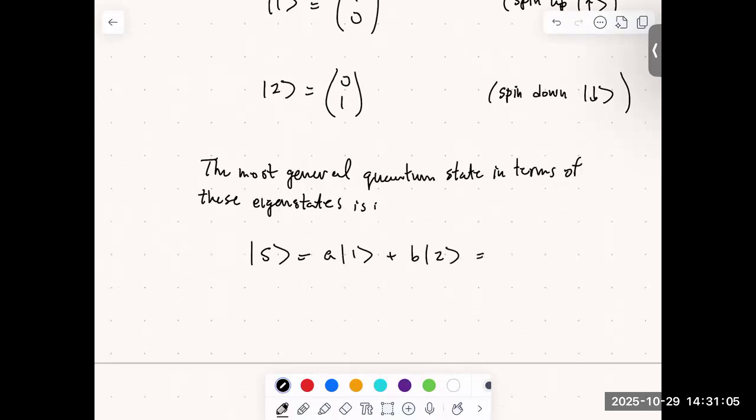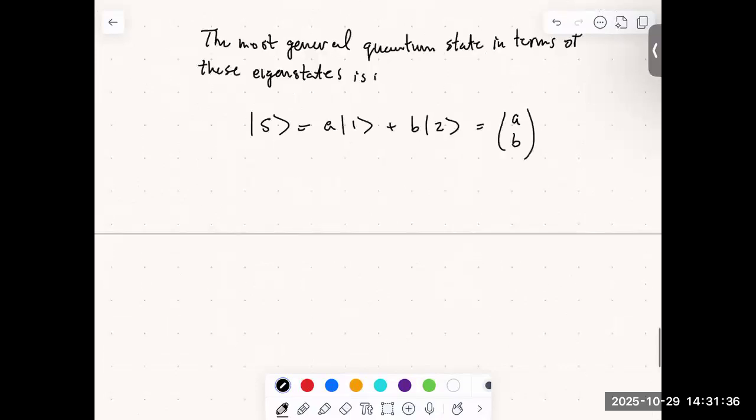But state 1 is just (1, 0). So A times (1, 0) is (A, 0). And state 2 times B is B times (0, 1), which is (0, B). So we have (A, 0) and (0, B). If we add them up, we just get (A, B).